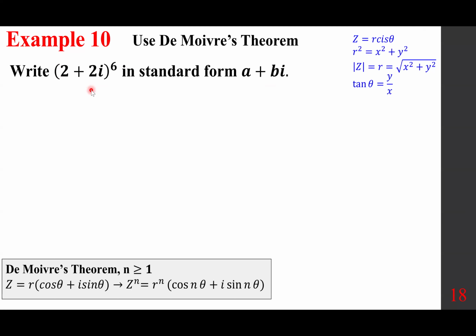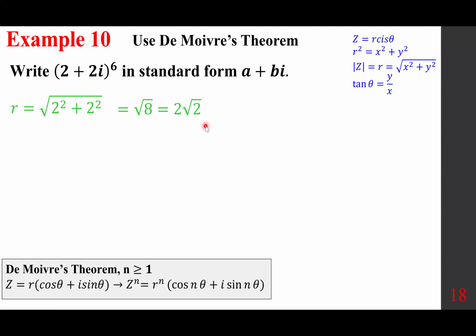First and foremost, we can see that x is 2, y is 2. So r is the square root of x squared, which is 2 squared, plus y squared, which is also 2 squared. 4 and 4 gives us 8. And square root of 8 is 2 square root of 2. Remember, this is 2 to the right, 2 up.